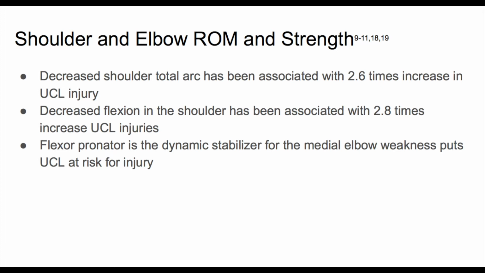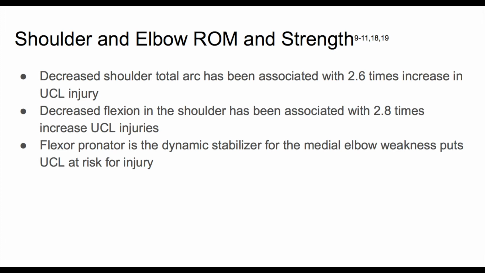Much research has been done in total arc assessment related to the shoulder internal and external rotation as it affects elbow valgus movements. Wilk et al., in a study of overhead throwing professional athletes, found that there was a 2.6 times greater risk of UCL injuries in pitchers with a total arc difference of 5 degrees from the non-throwing side to the throwing side.